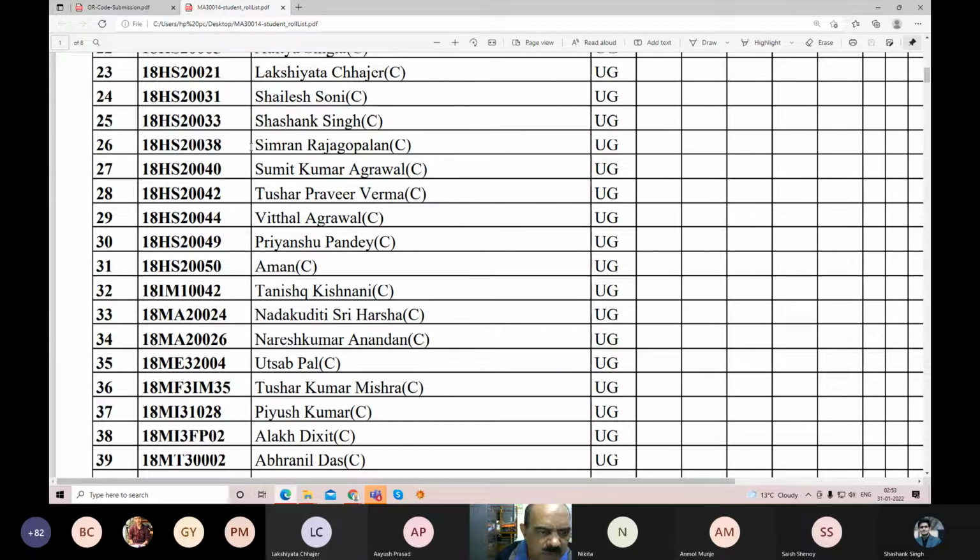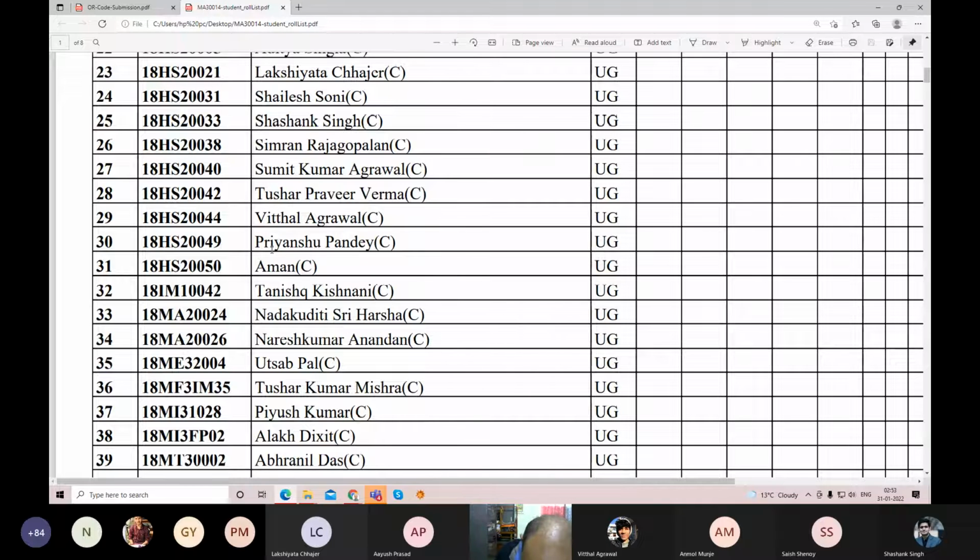Then 26, Simiran Rajagopalan. 27, Sumit Kumar Agarwal. 28, Tushar Prabir Verma. 29, Vital Agarwal. 30, Priyanshu Pandey. Who is present there? Sir, 29 present, 30 present.